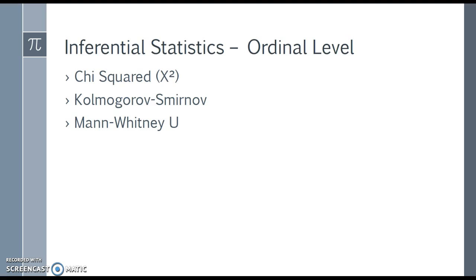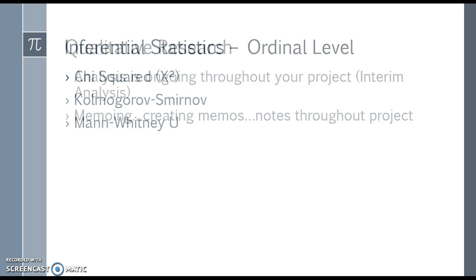But if you are going to be using inferential statistics, sorry, it's late in the day. If you are using those, you can always just reach out to me or to your chair, and we can go into further detail as far as how we would run that analysis.